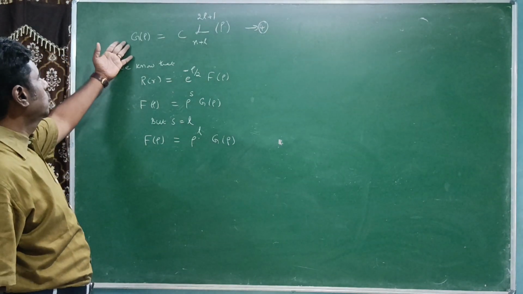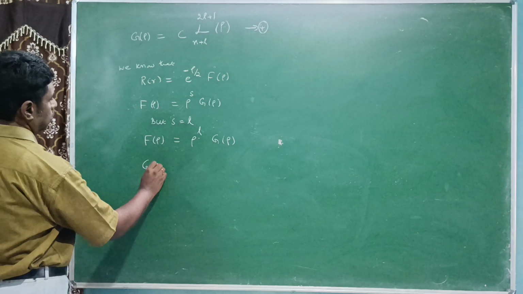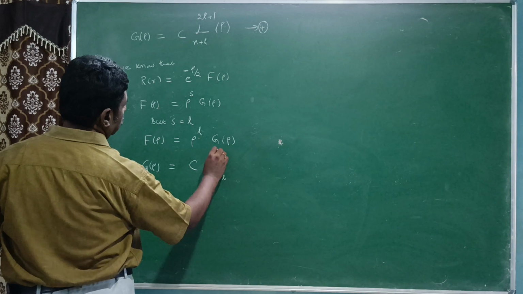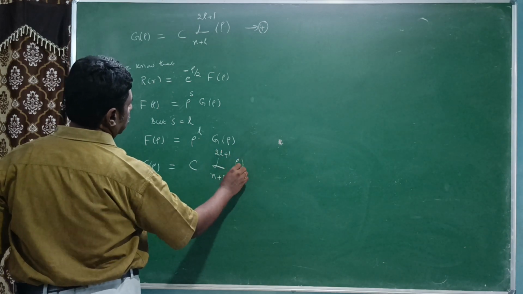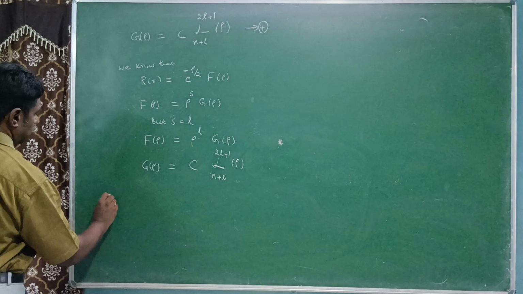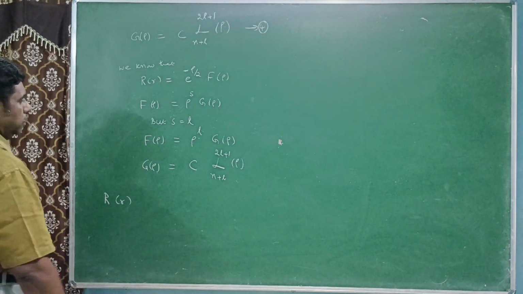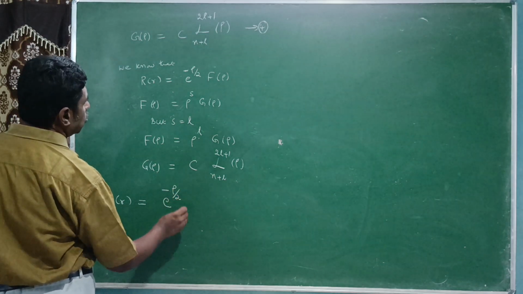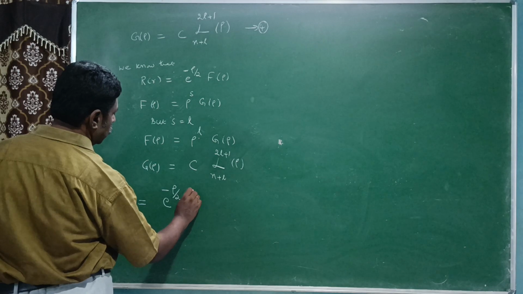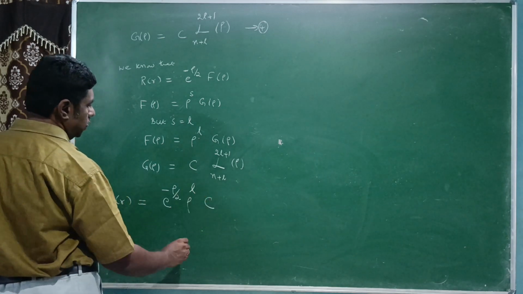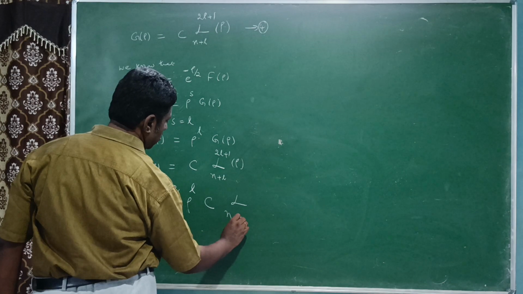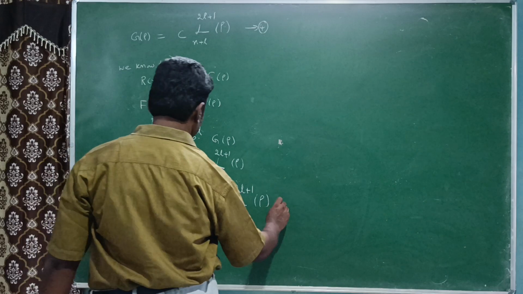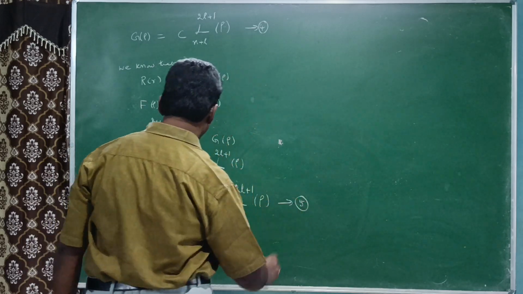But g of rho is C into the Laguerre polynomial. Therefore, the value of R of r, the radial wave function, is equal to e power minus rho by 2 rho power l C into the Laguerre polynomial. So this is equation number 5.